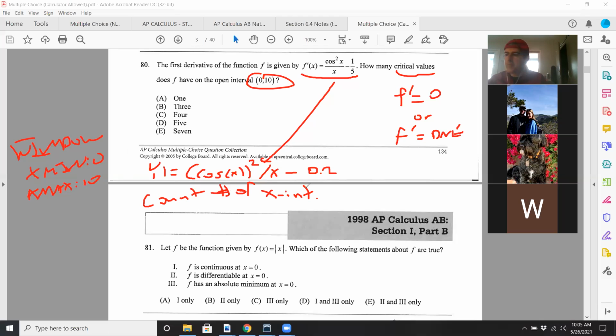I'll do it here on Desmos also. Again, you guys should use your calculator. I'm just cheating because I'm lazy.